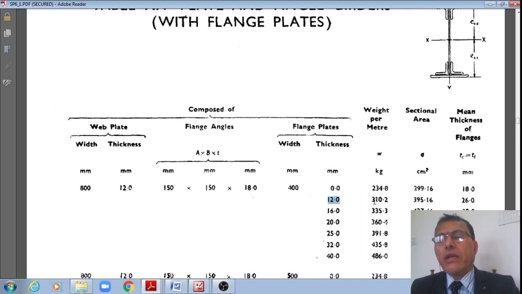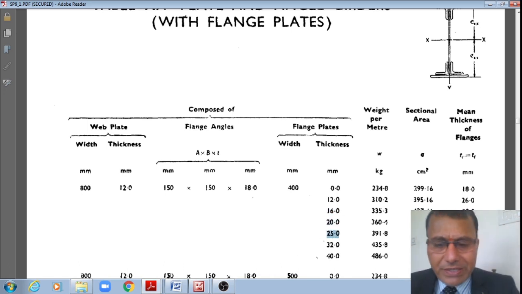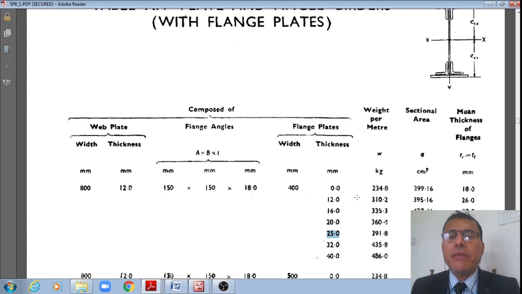If I don't provide a plate, then you use 0. If you provide a plate, you use a plate thickness of 12, 16, 20, 25, etc., up to 40 mm.